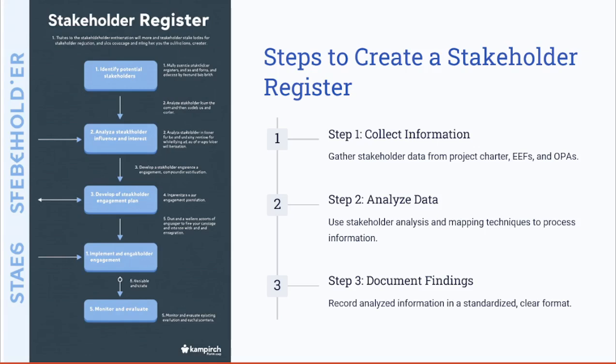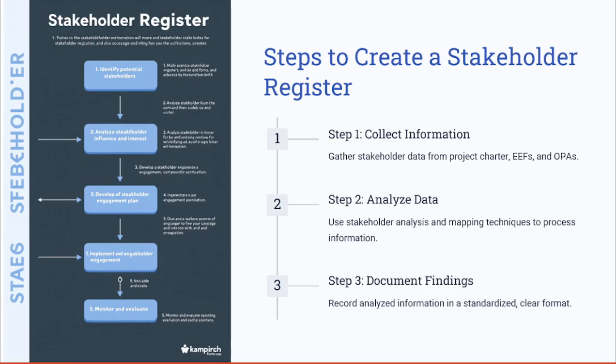As practical steps to create the stakeholder register, we can start by collecting the stakeholder information from the inputs. Next, we may analyze the data using any representation tool to understand and visualize these stakeholders.